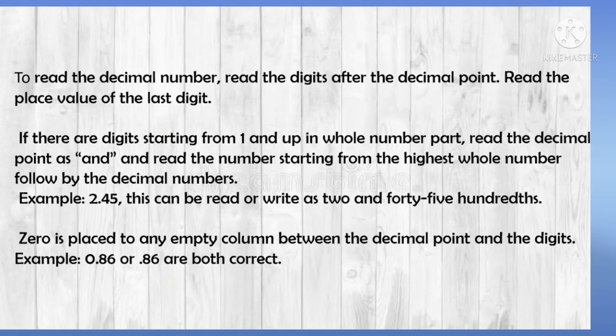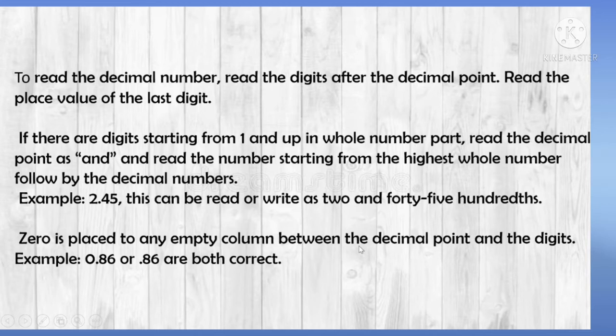If there are digits starting from 1 and up in the whole number part, read the decimal point as "and" and read the numbers starting from the highest whole number followed by the decimal number. Example, 2.45. This can be read or written as 2 and 45 hundredths.